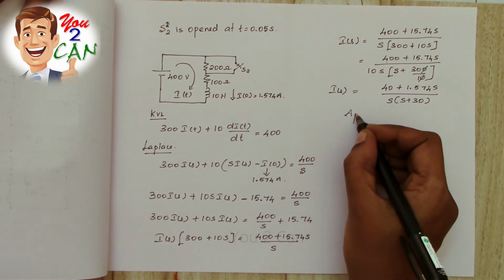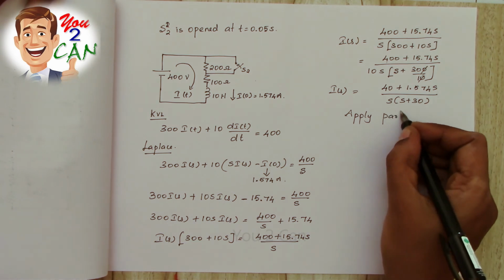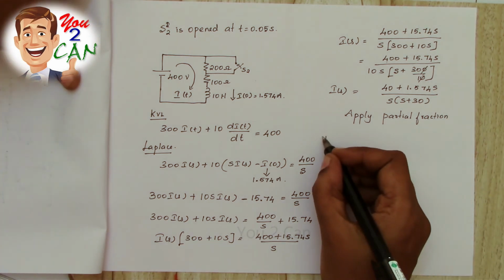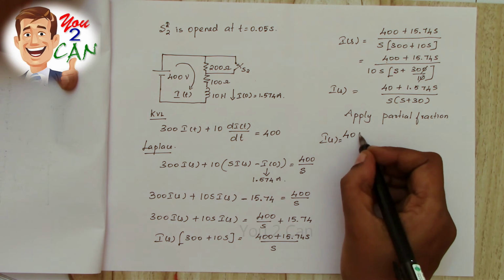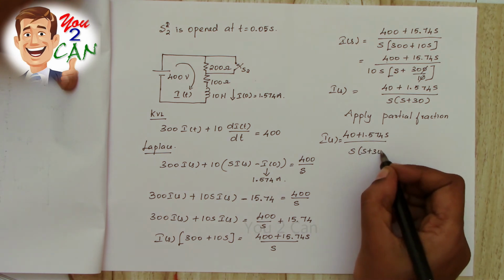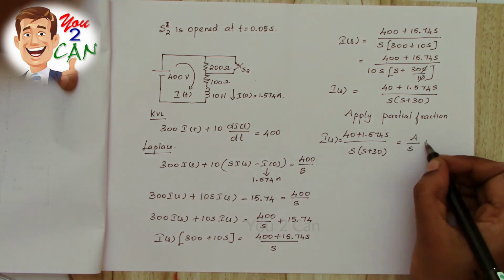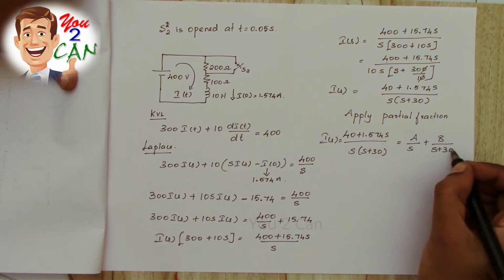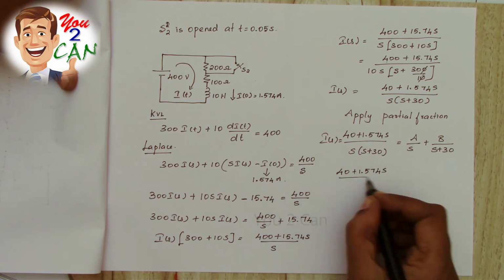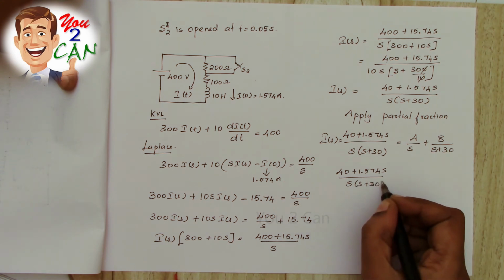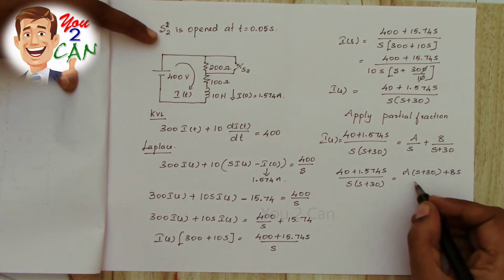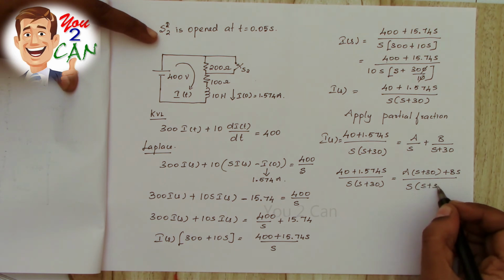Now apply partial fraction. Now I of s is equal to 40 plus 1.574s by s into s plus 30, which will be equal to A by s plus B by s plus 30, which is a into s plus 30 plus Bs divided by s into s plus 30.